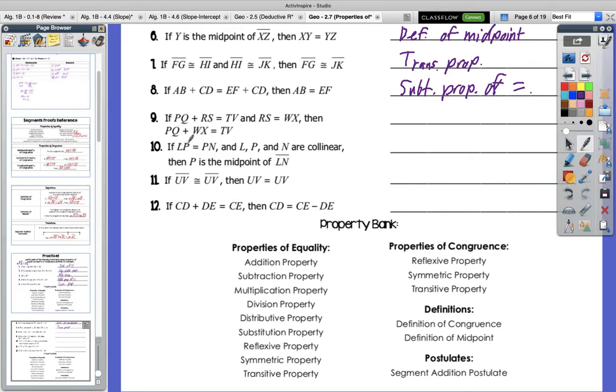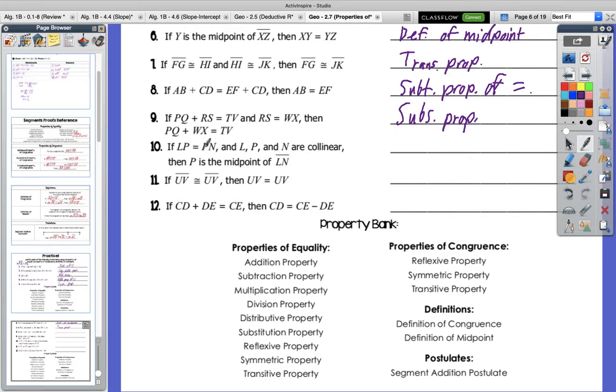What changed between our first equation and our second equation? Well, segment RS is now segment WX. Why are we able to make that change? Because they're equal. If two things are equal, you can replace one for the other. That is our substitution property. So we're going to put substitution property.